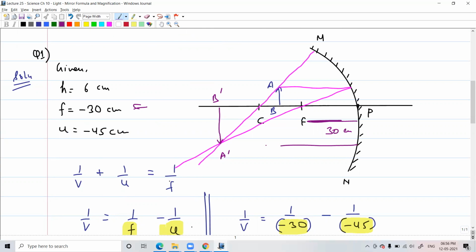So from pole to center of curvature will be 60 centimeter, correct? So 90 would be somewhere beyond C only, no? Yes, sir. Okay. So you can mark it also. You can show that this is 90 centimeter. Label diagram means you have to label all the distances, okay? So show that.